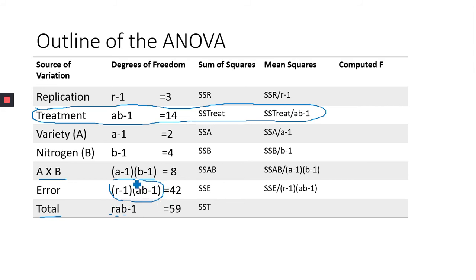What about for error? For error, I want us to take note of the fact that this is important, my dear students. Take note of this one. We are saying SS total. I want you to use this. SS total, which is SST, is equal to, remember the breaking down from the model, Yijk.